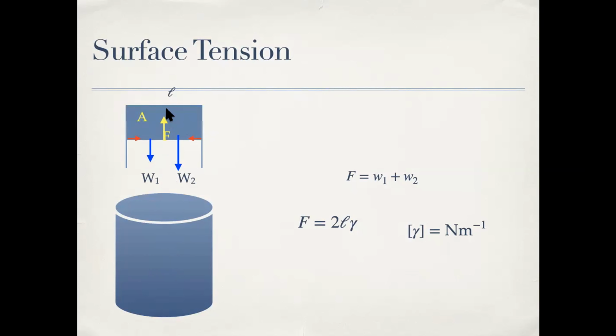When we move it out of the water, we see that there is a thin layer of water formed in the frame between those four edges. If you look from the side, this is the lower part of our frame, which has a certain thickness. And there are two layers of the liquid which fill up that frame. The area here is denoted by A.